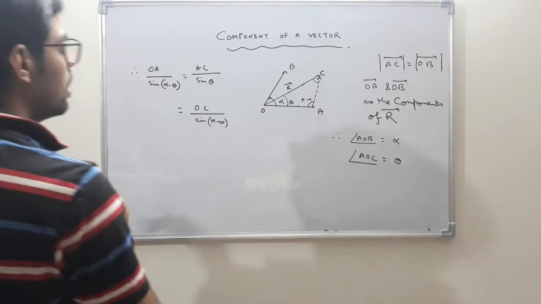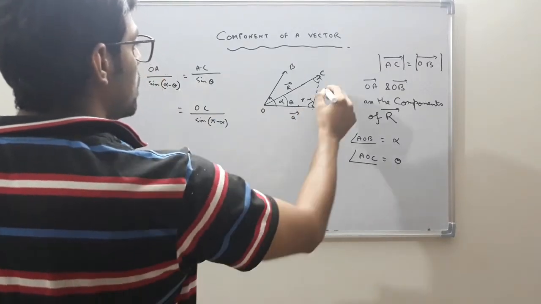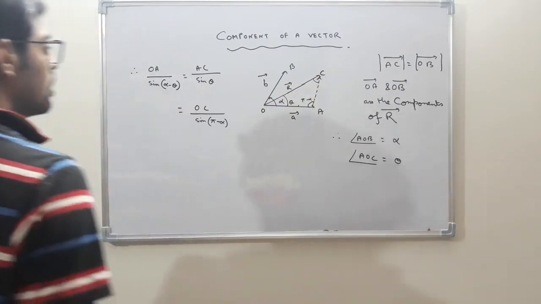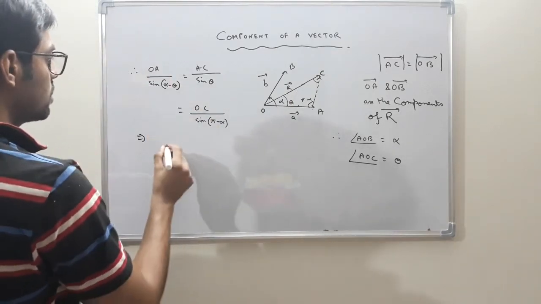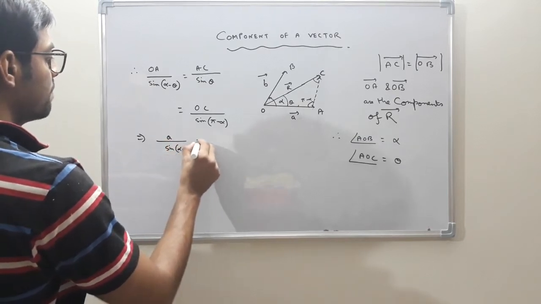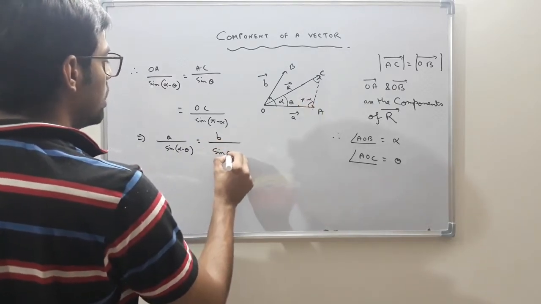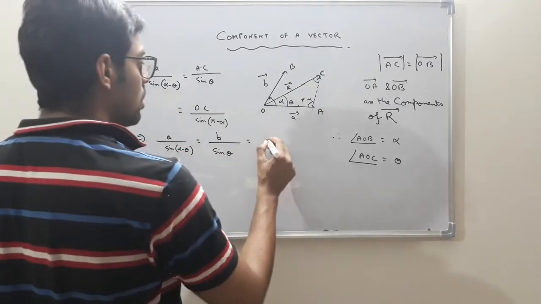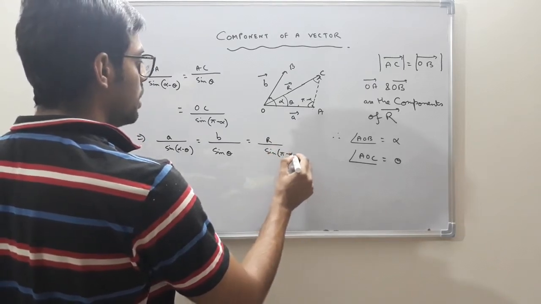Therefore, suppose OA is given by A vector, OB is given by B vector, and this is R vector. We are considering the magnitude part only. Therefore, A by sine of alpha minus theta equals B by sine theta equals R by sine of pi minus alpha.